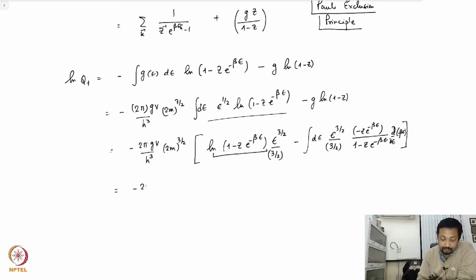so that this becomes twice pi gV over h cubed, twice m raised to the power 3/2. This vanishes between 0 and infinity, so I don't have to worry about it.